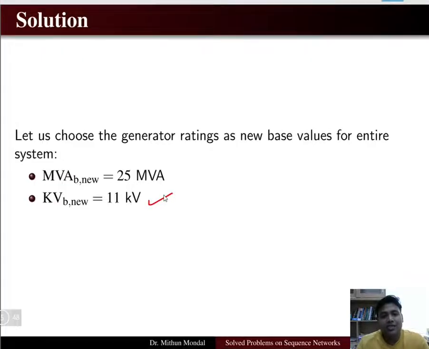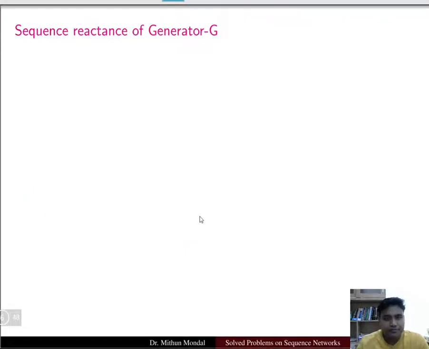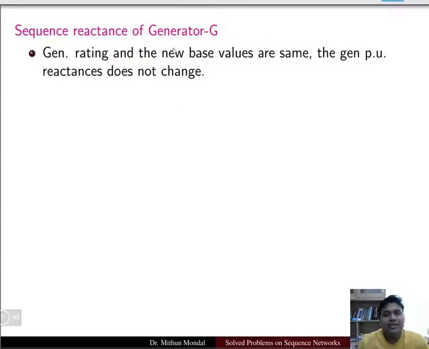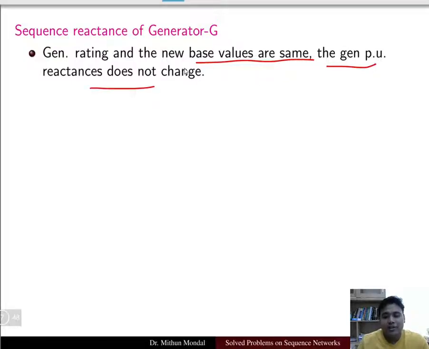Wherever there is a transformer, the voltage will change. However, for the present system, we will choose this power and voltage as the base power and voltage. Now let us start with the generator. The generator rating and the new base values are the same because we have taken the generator rating as the base values, so it will not change.